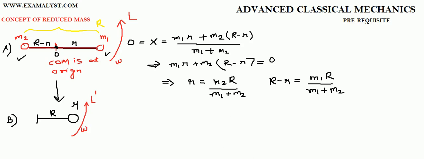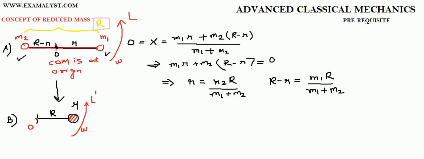Now question is, what will be this mass mu such that when it is placed from origin at a distance R, where R is the relative distance between two masses m1 and m2 in the two mass system, then what will be my mu?